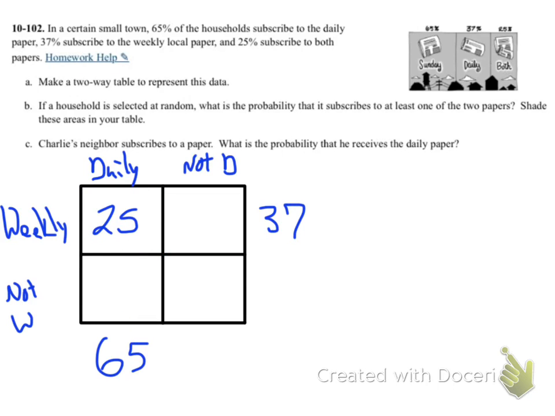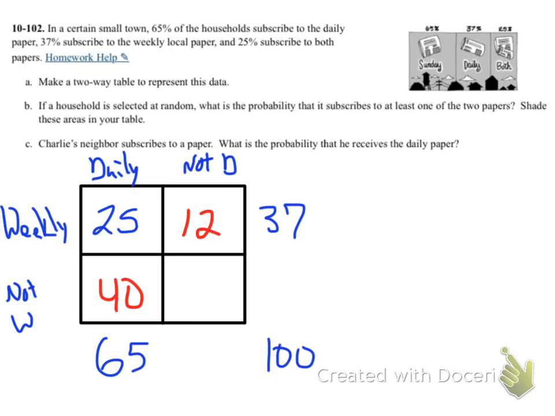I also know one other piece of information. Since we're dealing with percents, I know that I have 100% as a total. I can now fill in the rest. If 25% are right here, plus that 40% will equal the 65, so I know that's 40.